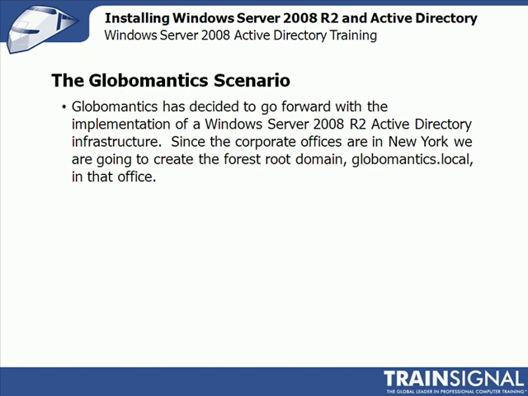The other reason is because it will give separation, a little bit of clarification, and maybe ease some confusion with the internal users between certain servers which will be globalmantic.com and other servers which will be globalmantic.local. The users will know that anything that is globalmantic.com is part of the external facing web presence, or we could say the web servers basically for the company, and globalmantic.local is everything that has to do with the Active Directory infrastructure. So that's pretty much what GlobalMantic has decided to do.